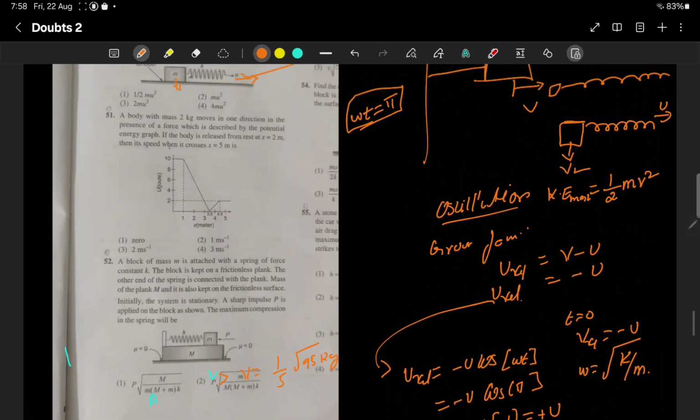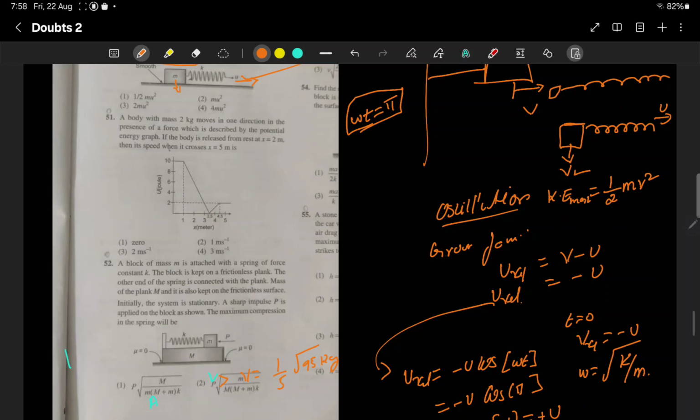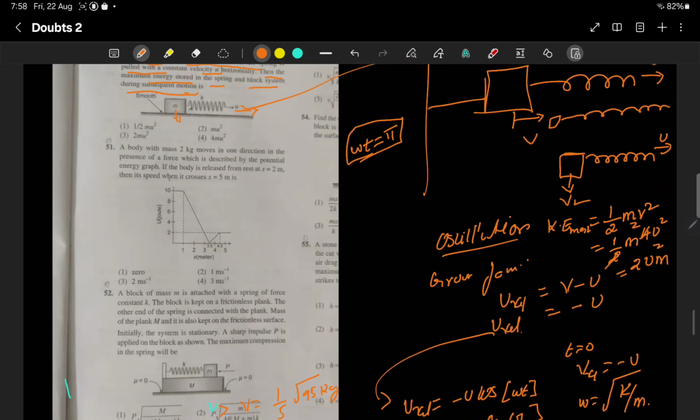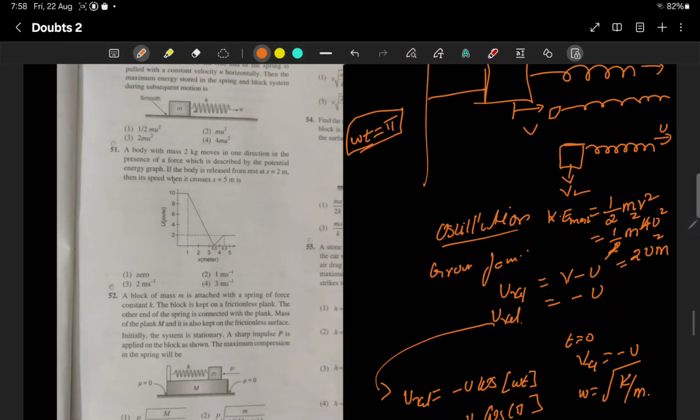So half m, if you substitute 2u, we will get 4u square. Here the maximum kinetic energy possible is, if I cut this, I'll get 2, so 2 m u square. Sorry, m I also missed. 2mu square is the maximum possible kinetic energy.